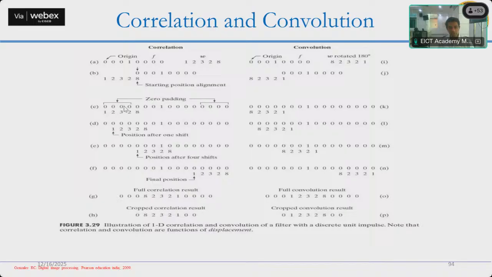Then you do the zero padding. What do you mean by zero padding? Zero padding basically adds zeros to that original segment. So 4 zeros have been added, and in the same way, 4 zeros have been added in the last example also.